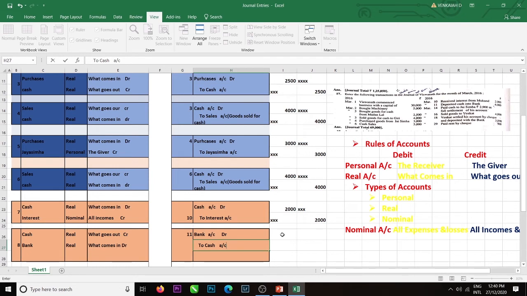The amount is 6,000. Debit 6,000, credit 6,000. And the narration will be cash deposited into bank. Okay, a full-fledged entry is like this.